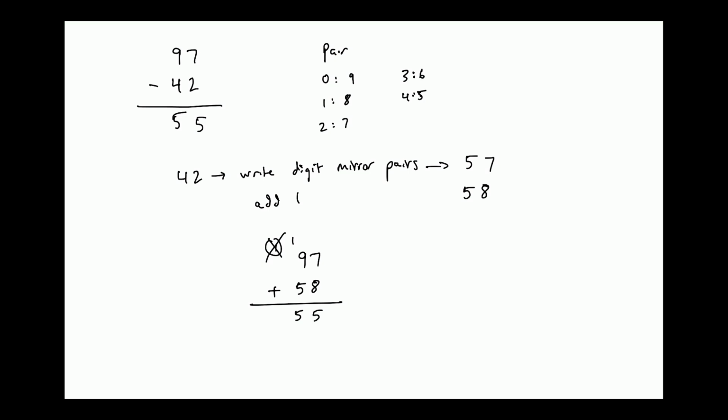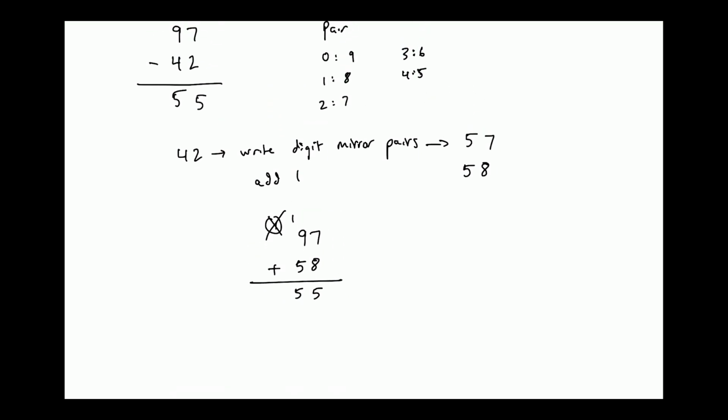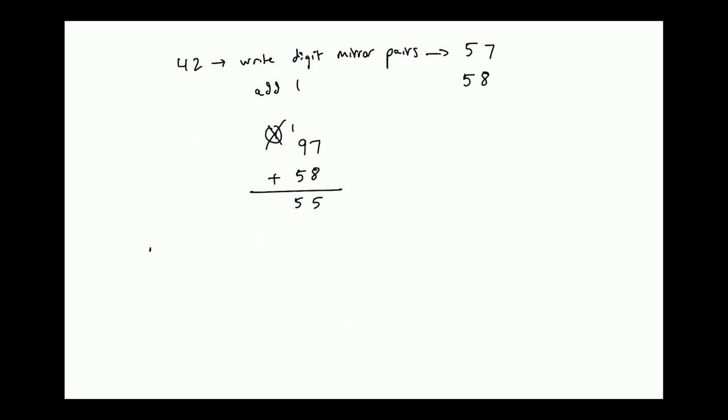All right. So what did we get for 42 in binary? What was it? 00101010. Oops.